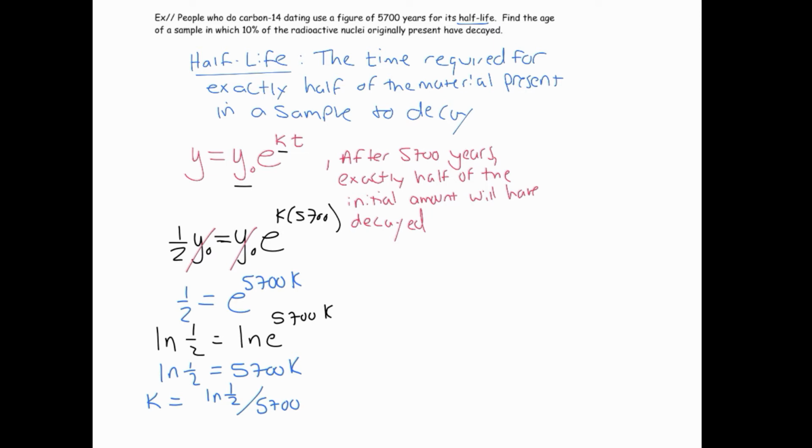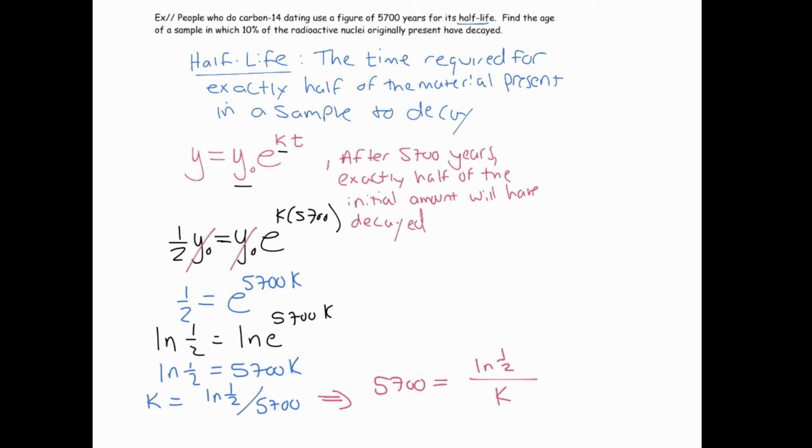One thing that you might want to note is that in general, that 5,700 is just the half-life. So if I solve this for the half-life, 5,700 equals ln of 1/2 divided by k.